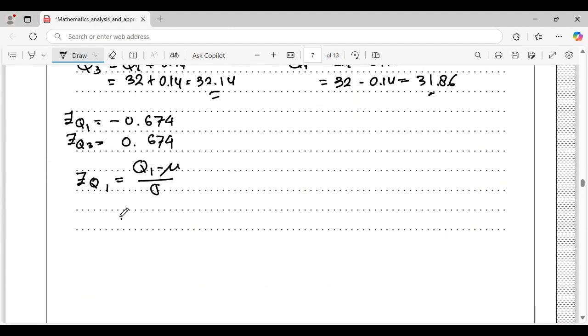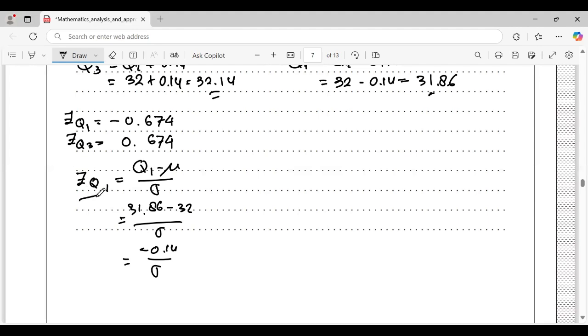So it is 31.86 minus 32 divided by sigma. And this result is minus 0.14 over sigma.